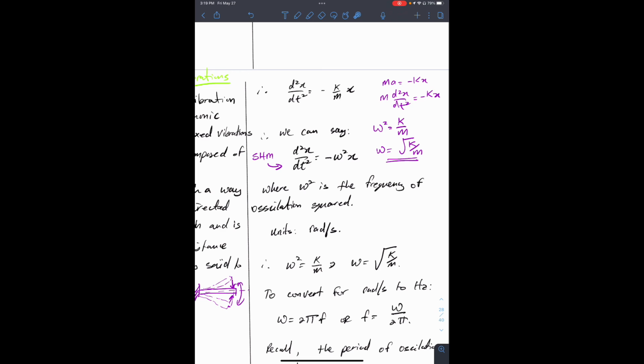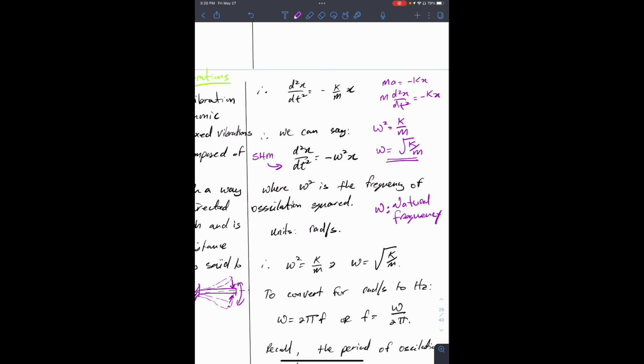The reason why we do this, to get this omega squared, is because this term is something called the natural frequency. So this here, omega, is called the natural frequency.